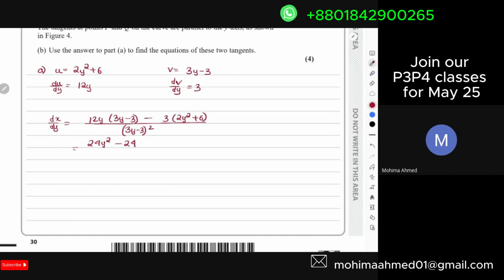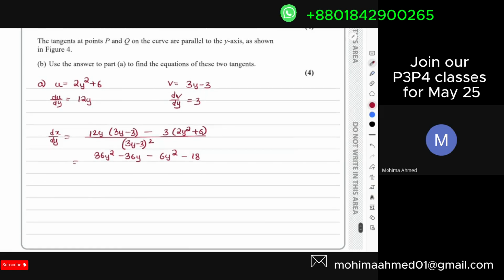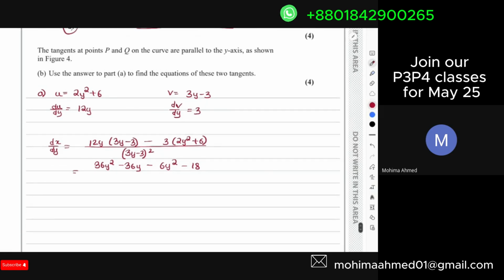No, 12 into 3 is not 24, so 12 into 3 is 36. And then your next answer is going to be 6y square minus 18. We are supposed to find out dy by dx, right? So sorry, I made a mistake. This is supposed to be 4y, not 12, and 3. So that's 4y. So you get 12y square minus 12, and then again minus 6y square minus 18.